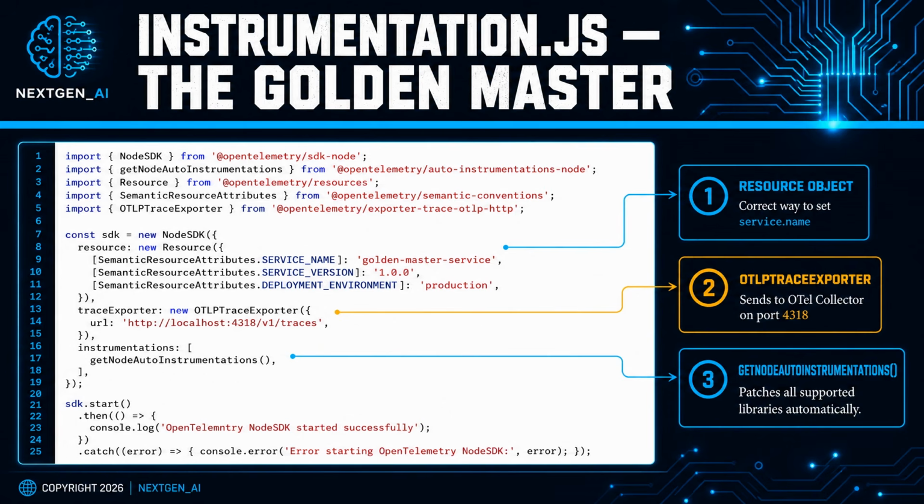If your service then makes an outbound API call to another microservice, the HTTP client instrumentation creates another child span and automatically injects the W3C trace context headers into the outbound request. This allows the downstream service to continue the trace, creating a seamless, unbroken distributed trace across your entire architecture.